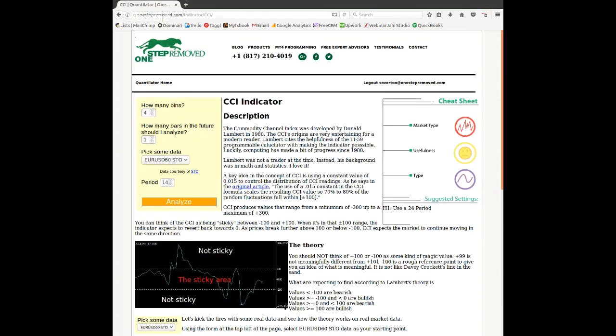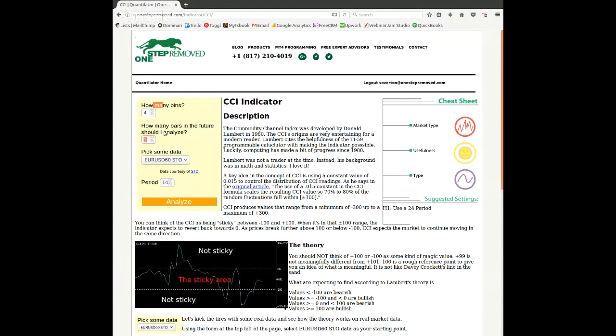There are two main components. The first is this form here, and this is what the Quantilator is. When you fill out this form, it's going to let you do analysis based on real market data, which in this case is the Euro-US dollar 1 hour charts over a period of 2 years. You're going to look at two things: the number of bins, and how far into the future you should look at the future returns.